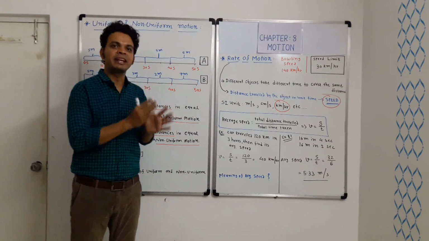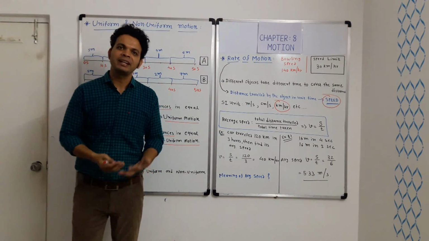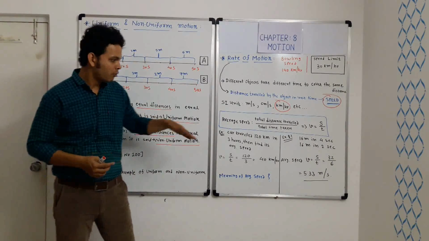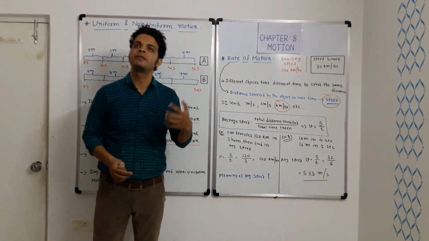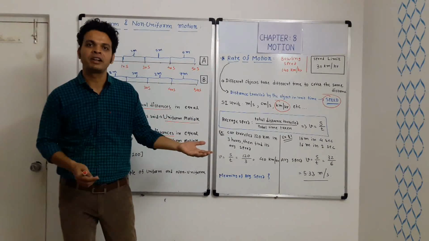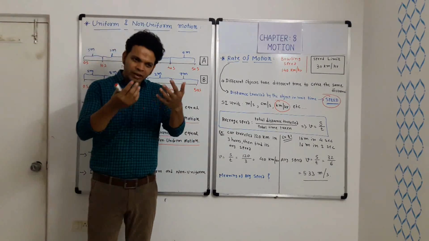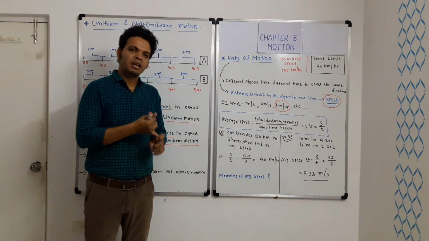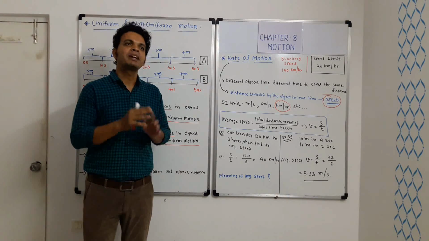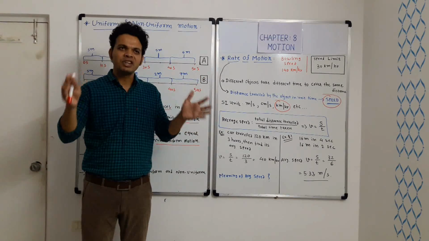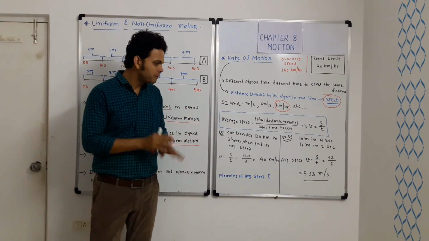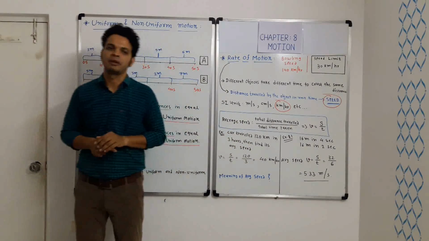It is average. It may happen that the car would have traveled at more than 40 km per hour, at 50, 60, 70 km per hour, or it could have traveled at 10 km per hour or 20 km per hour. But in general, on an average, the speed of the car is 40 km per hour.